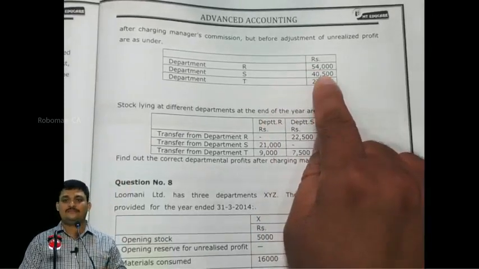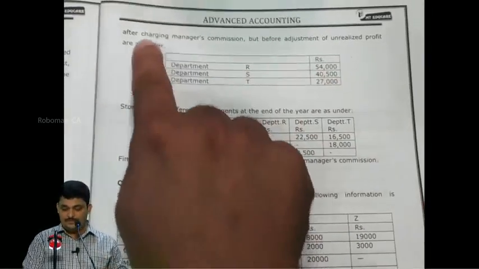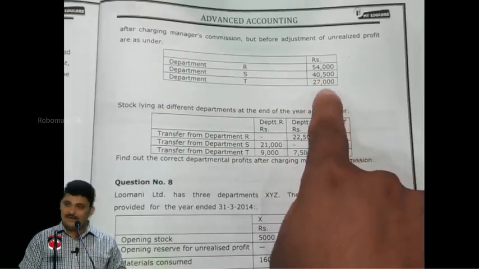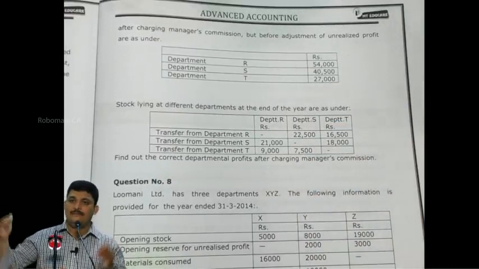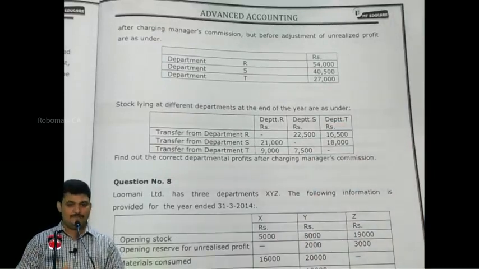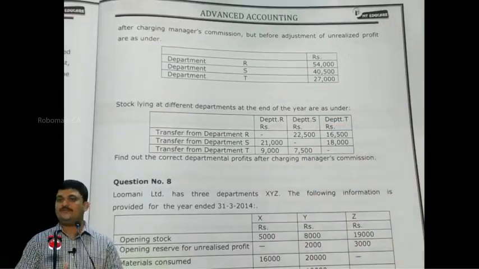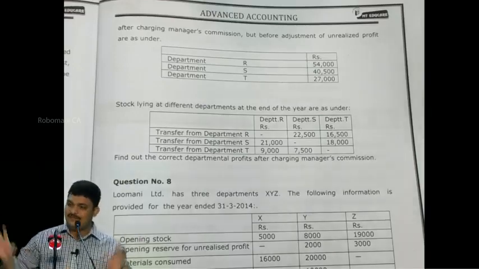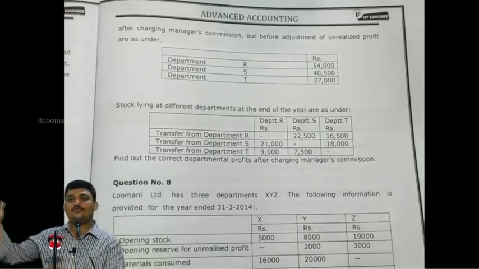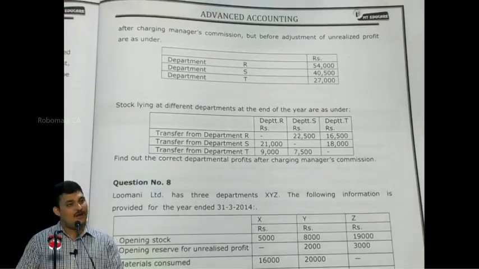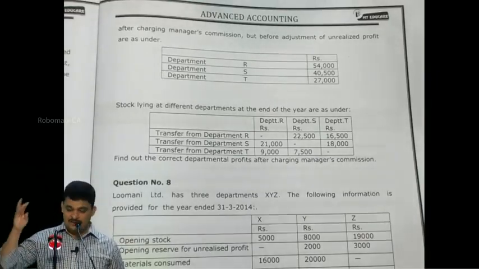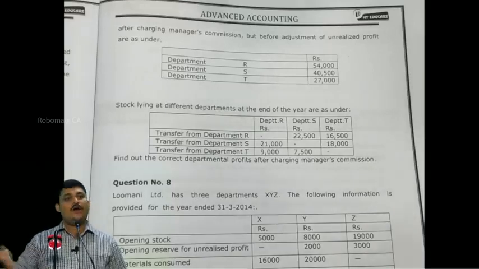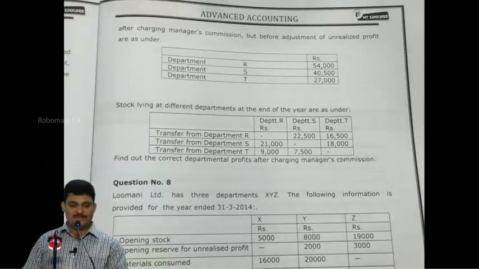Profit after commission. Add back commission, minus stock reserve, minus commission. Revised profit. For this you should compute what? Stock reserve. There are three departments, R, S, T. All these three departments are transferor departments.